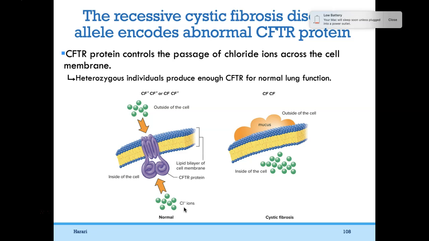So it's caused by a defunct protein called CFTR. The CFTR protein normally controls the passage of chloride ions across the cell membrane. So functional CFTR proteins make sure that chloride is eliminated from the cell, so the inside of the cell has very little chloride in it.